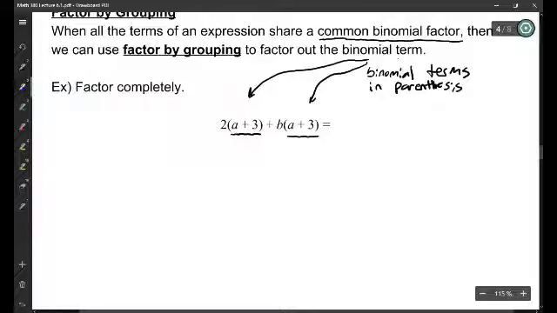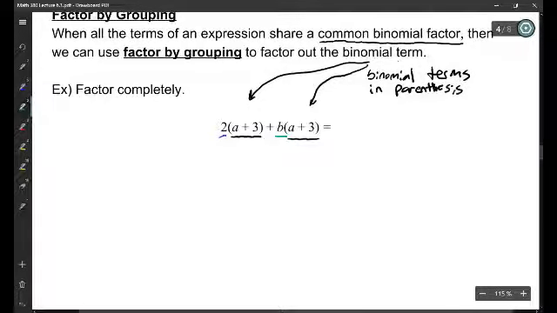And then we have factors of 2 and b respectively in our two terms. So we factor out the a plus 3's, and we have a factor of a plus 3 on the outside.